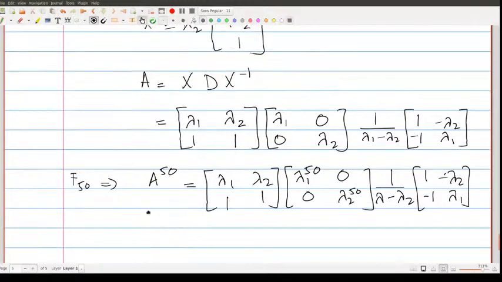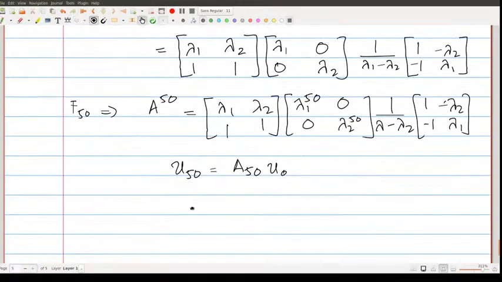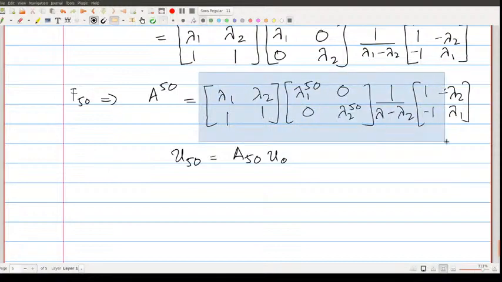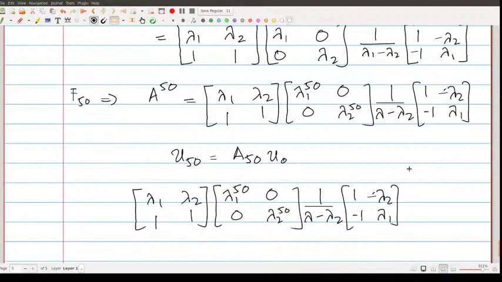And remember, F50 is going to be found by A to the 50. So U50 is going to be A to the 50 times U0, which means we multiply this entire thing by the initial vector, which was (1, 0), right?